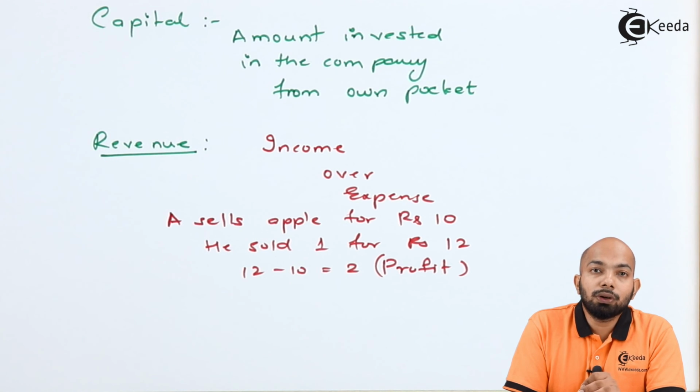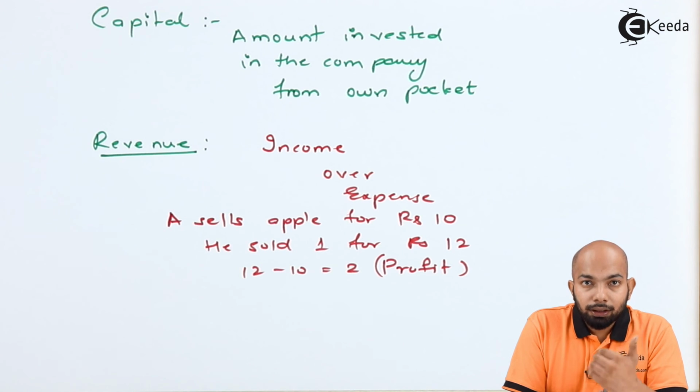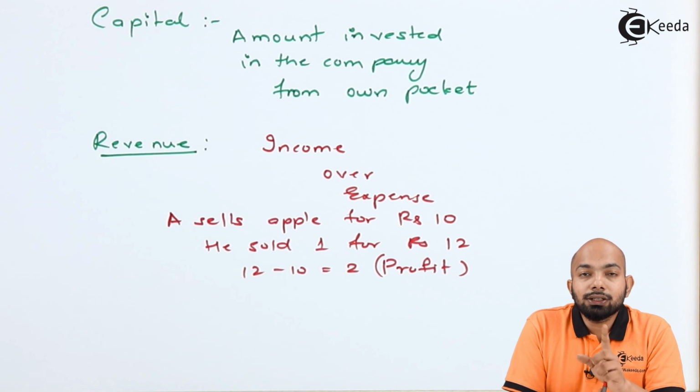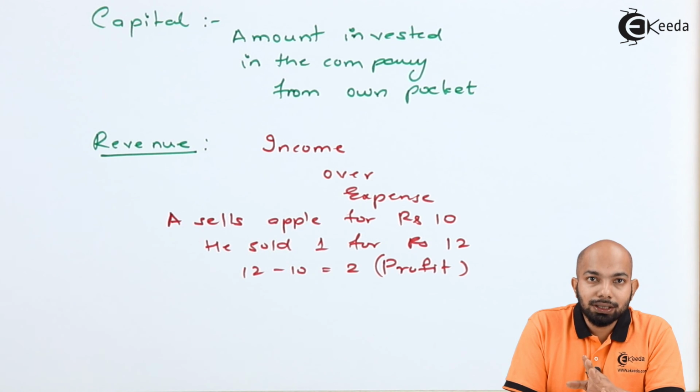So when you talk about revenue, you talk about two things. One is the operating activity, rupees 12 sold out, and the additional profit that he has earned, rupees 2, because the cost of that item was rupees 10. So when we talk about revenue, we talk about profit as well. Now gain is a non-business transaction which is not related to your business.